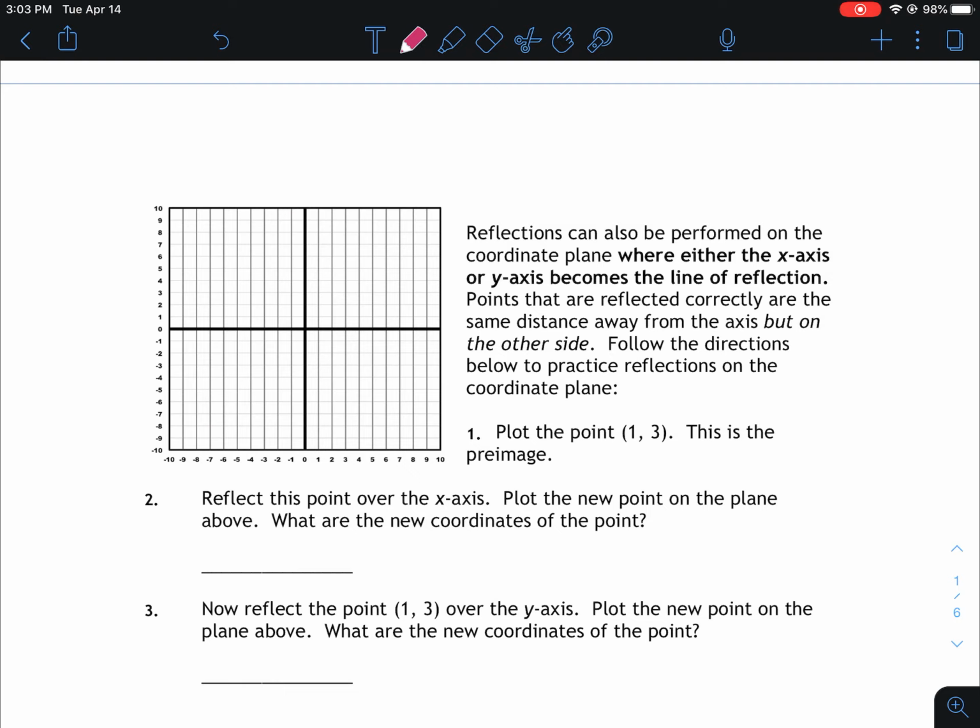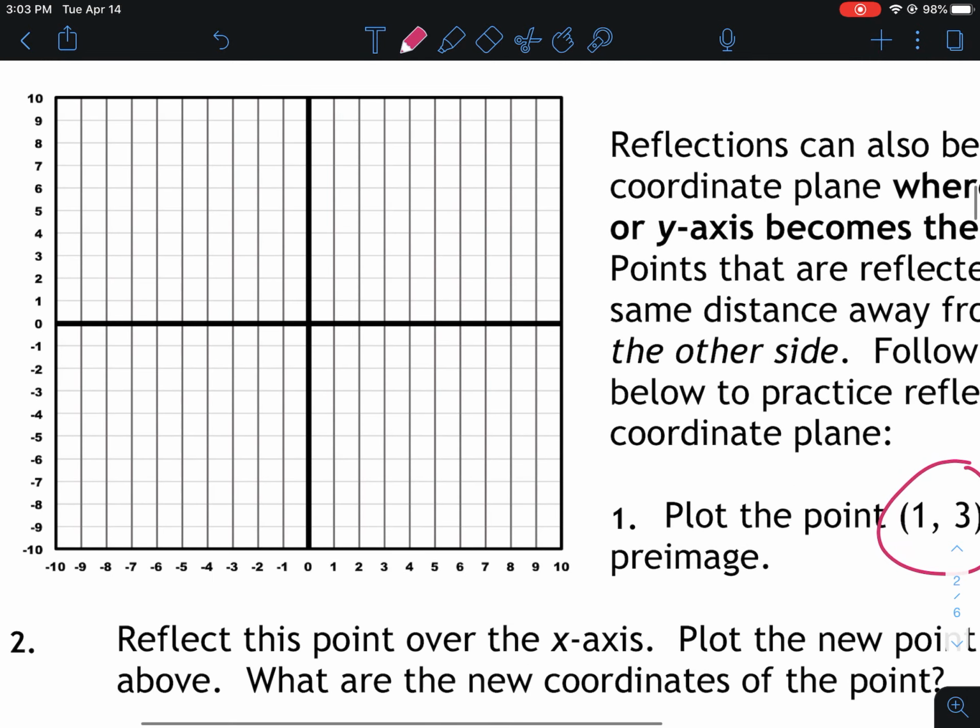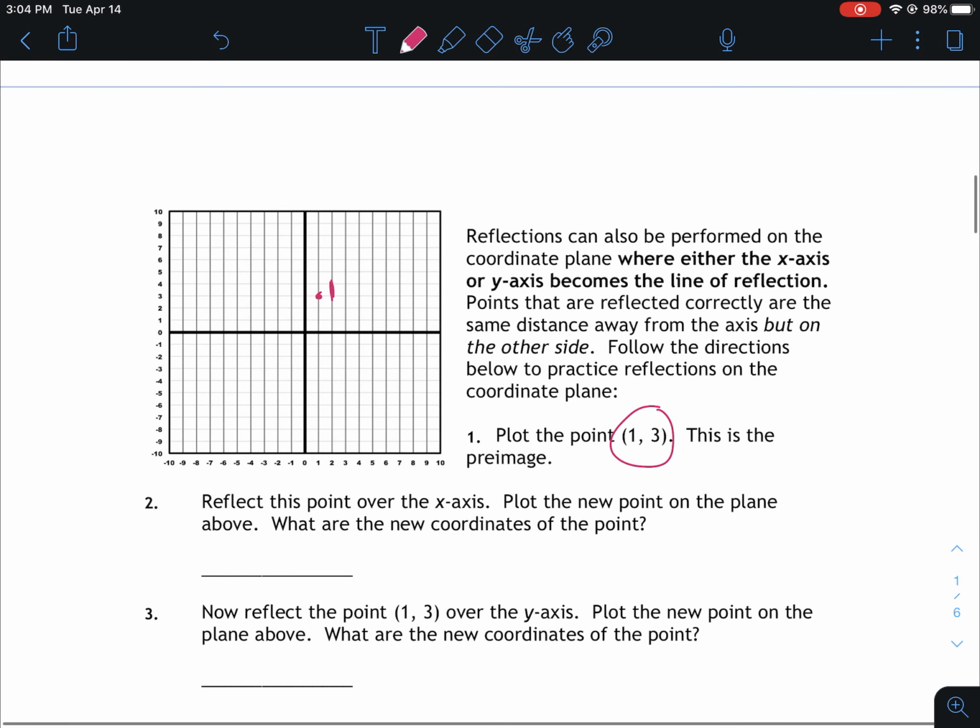This is the pre-image. So I'm going to plot the point 1, 3. And I'm going to do that in this pinkish color. So I'm going to go to the right one and up 3. This is my pre-image. This is point number 1. So that is why I labeled it point number 1.